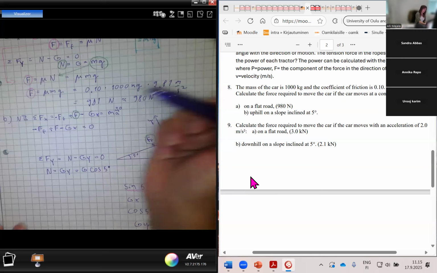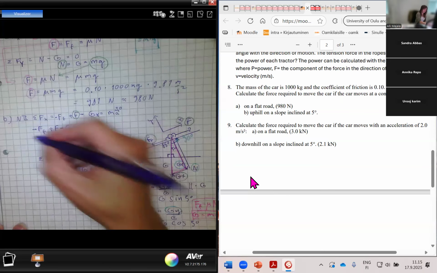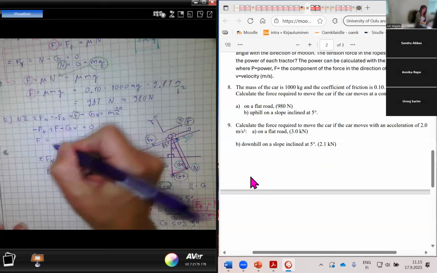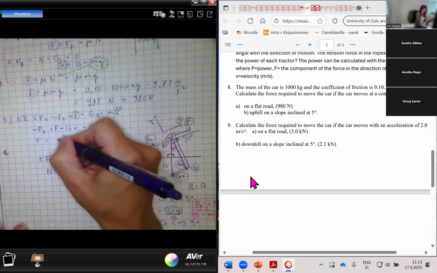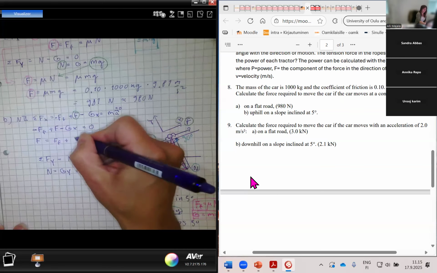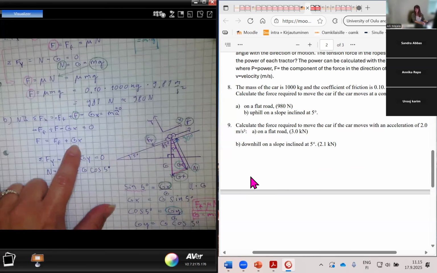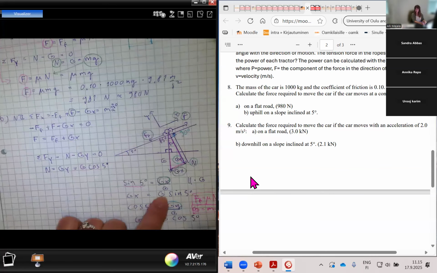Okay. So here I have the F on this side and these ones on the other side. So F is of course the friction plus this component of the gravity that's in the correct direction.